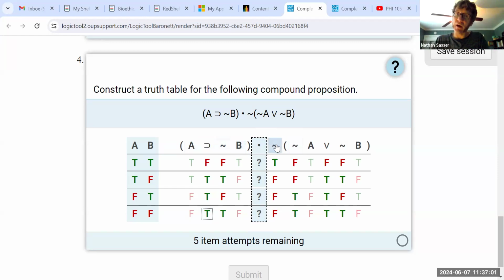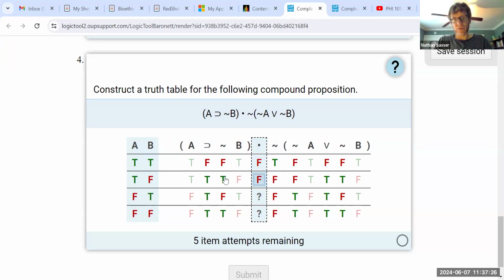And I'm looking at the truth value of this negation because that negates everything else. That's the other conjunct. All right, so line 1, we've got a false, and no matter what this is, the dot's going to be false because we need both conjuncts to be true in order to make the dot true. Line 2, we've got a true and a false.